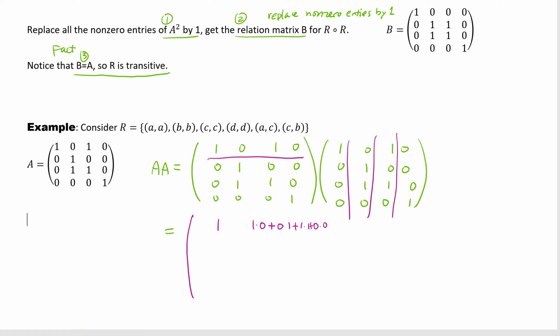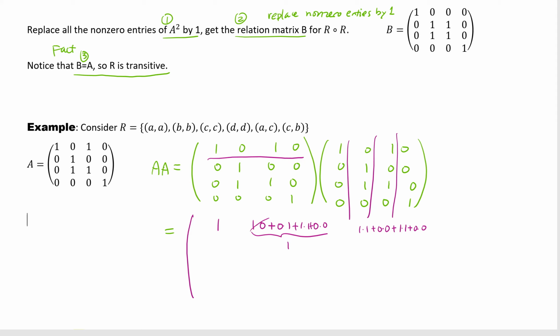Next, first row times the third column, and then we have 1 times 1 plus 0 times 0 plus 1 times 1 plus 0 times 0. What is this entry? This is 0, this is 0, this is 1.